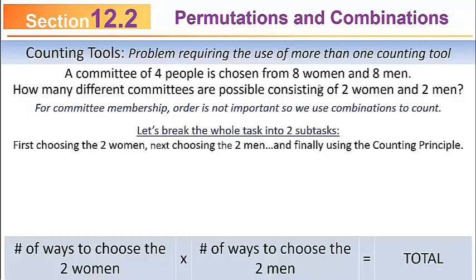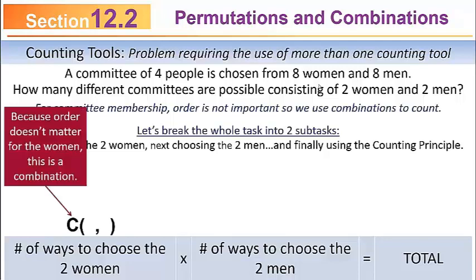In other words, the first stage of the process is the number of ways to choose the 2 women. The second stage of the process is the number of ways to choose the men. And when we find those 2 quantities, we multiply them together by the counting principle, and that gives us the total arrangements.